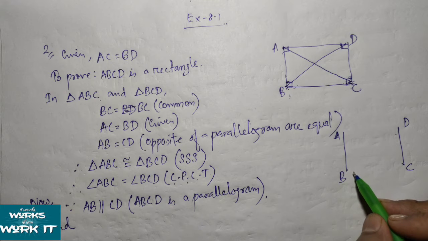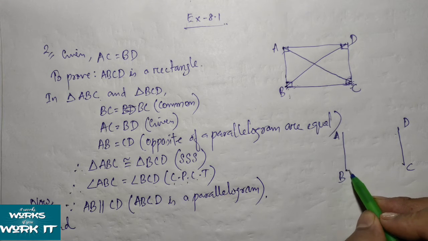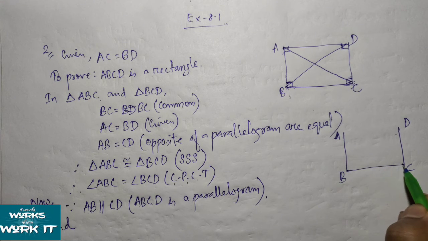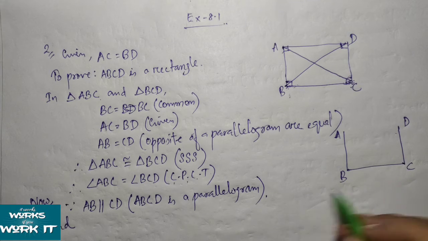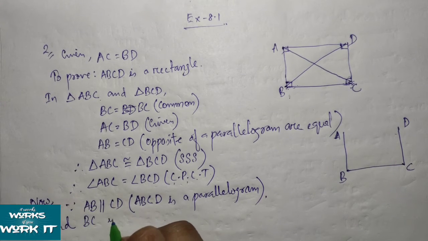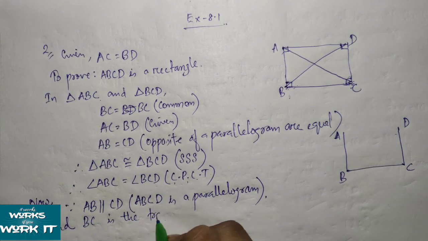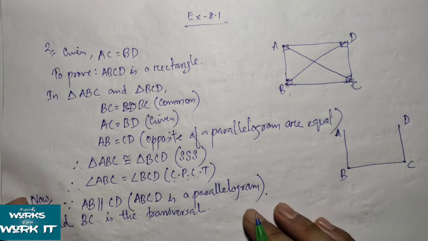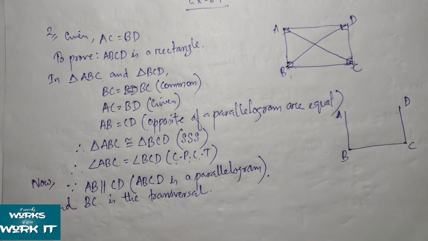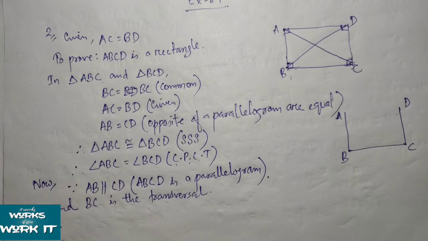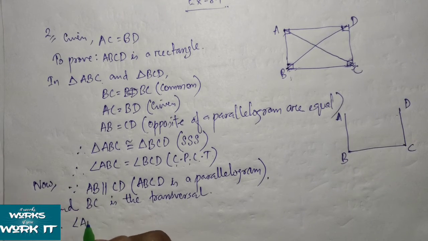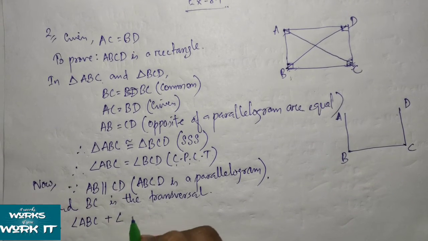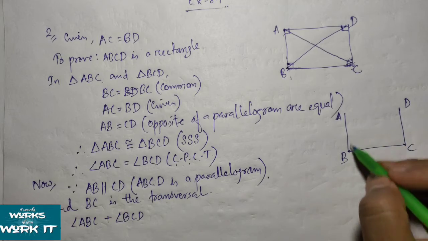Transversal connects the parallel lines, so if I draw BC here, this will be our transversal. So BC is the transversal.